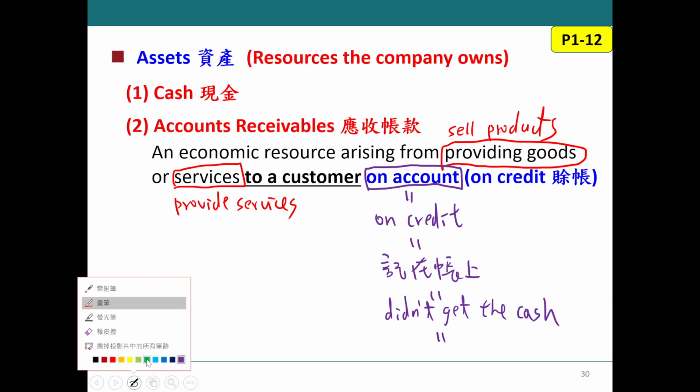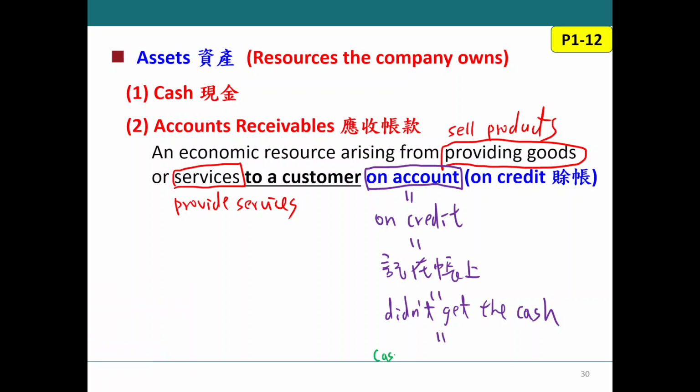The case 2 we've mentioned. Got oral promise. Okay? No problem? Okay. So that's the whole story.